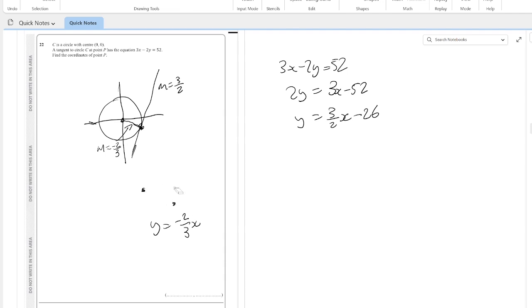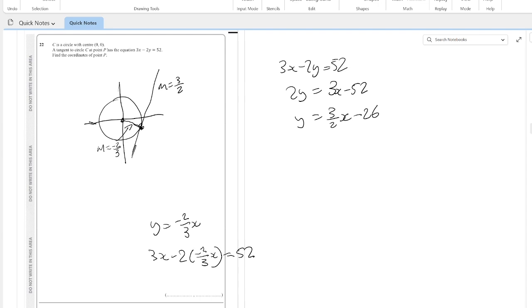And now we can plug this into the above equation right here. So we can say 3x minus 2, and we use this substitution that we have here, and this equals 52. And we know this will give us the value of P, because this will give us a value of x, which lies on both of these lines.